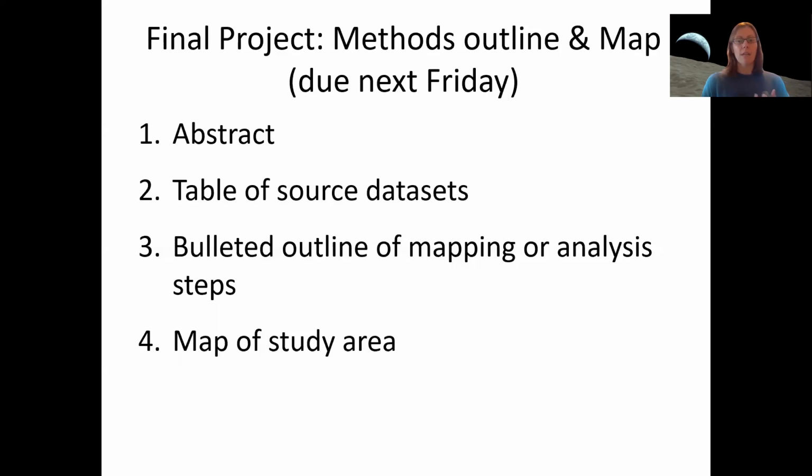If you're likely to be using vector data, you may be doing some of those geoprocessing tools like creating buffers or clipping or erasing. So if you know how to do the steps, then put them down. And if you don't know how to do the steps, then describe them as best you can, and we'll see if we can help you find those tools. And then step number 4 is a map of your study area.